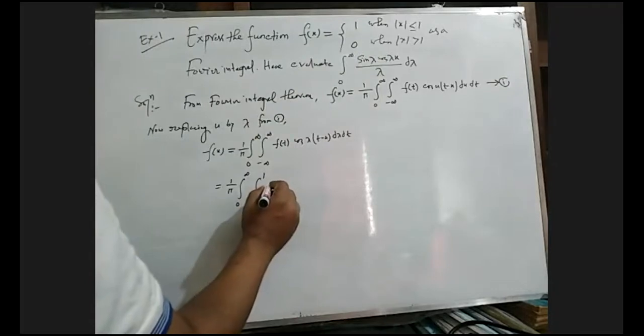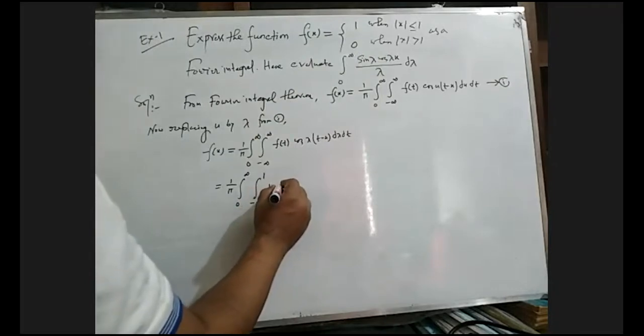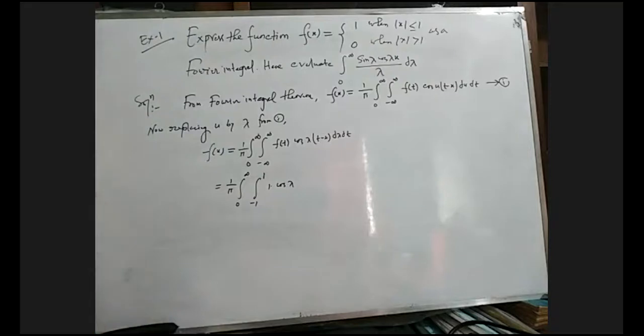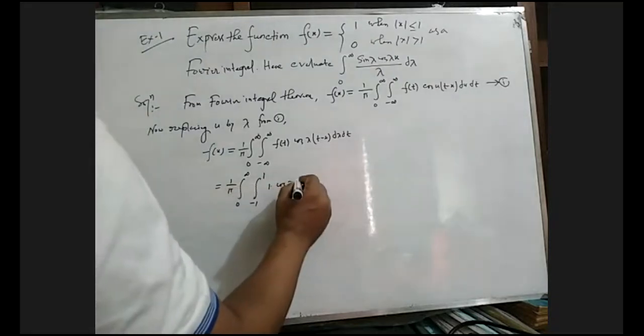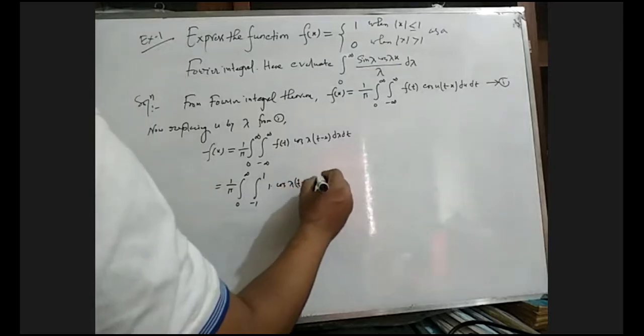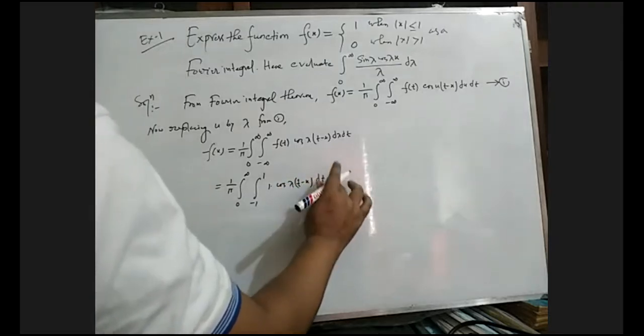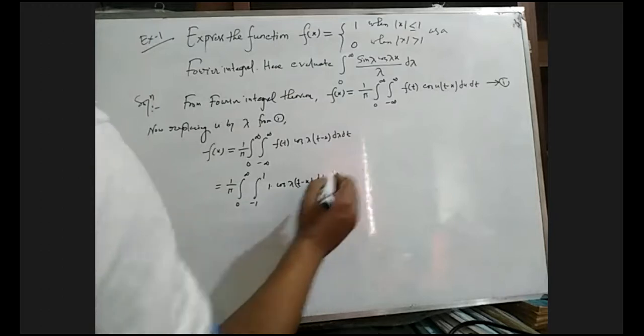So only 1 into cos lambda (t minus x) dt d lambda.